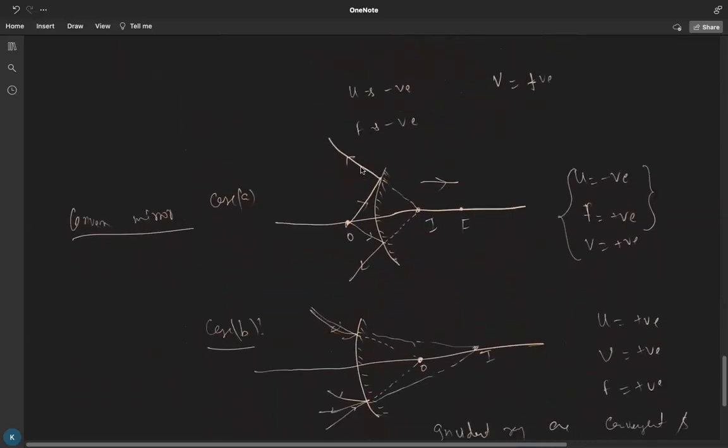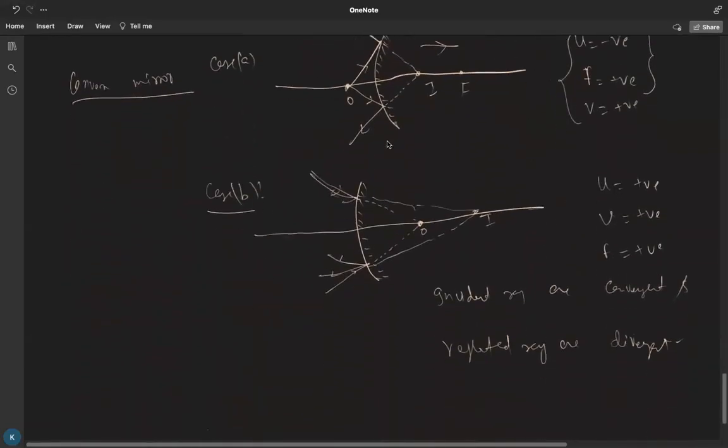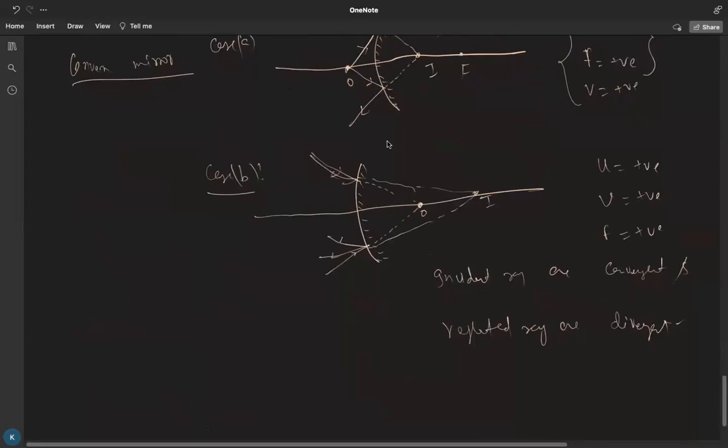Now, let's talk about the convex mirror. In this case, we assume a real object, and the image is forming virtual. So in the first case, the image is virtual, the same as the upper one. In the second case, I'm assuming that this time the object is virtual, and the image is also virtual.